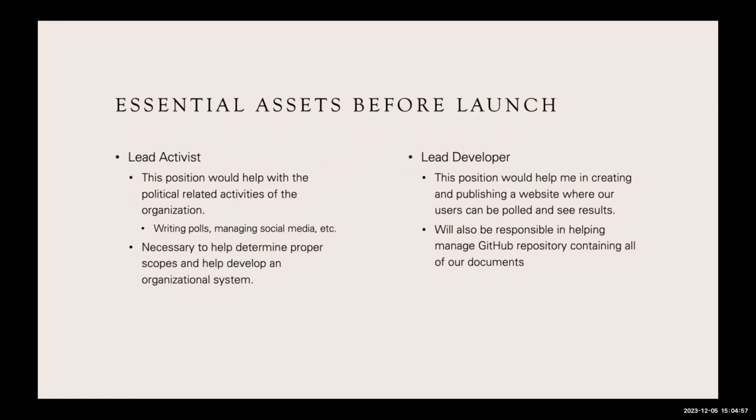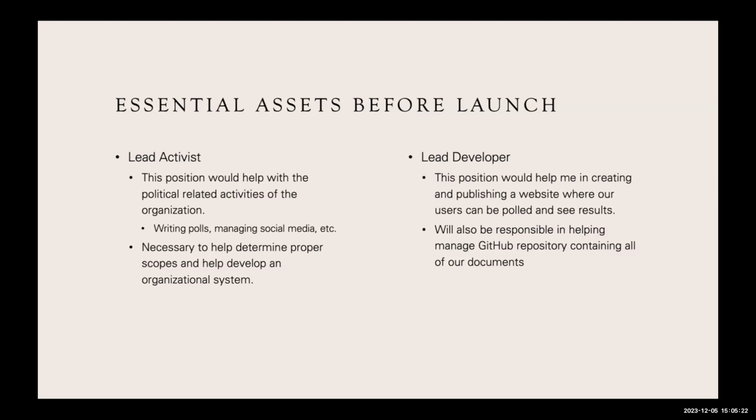The other two essential things are the two people that would be needed to help. One would be a lead activist, is what I like to call them. This is someone who's politically motivated and cares about voting rights as much as I do, having been an election worker a few times now.